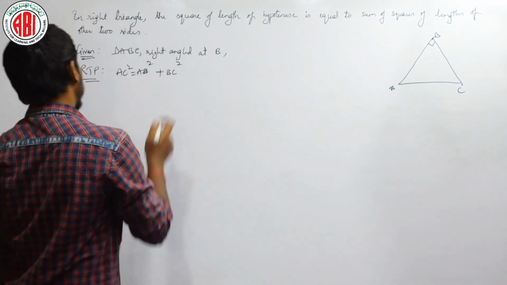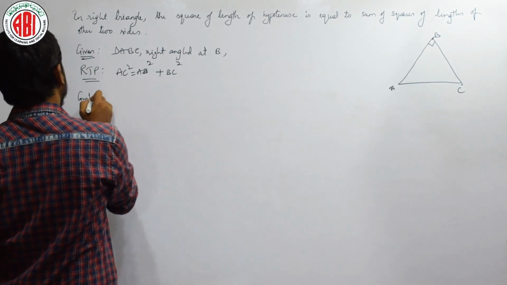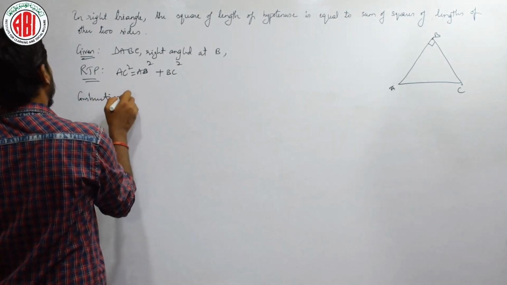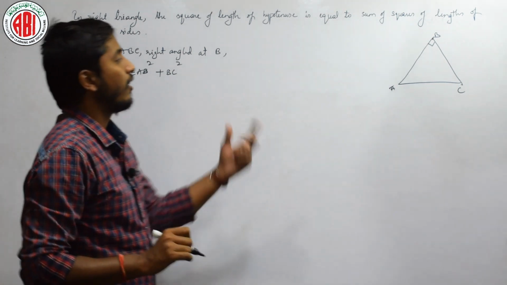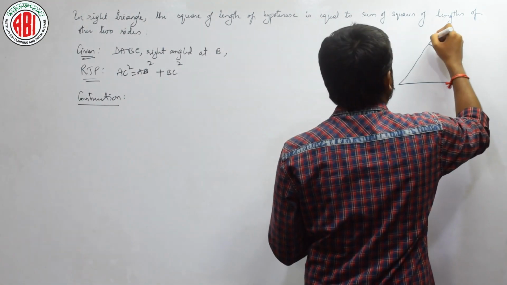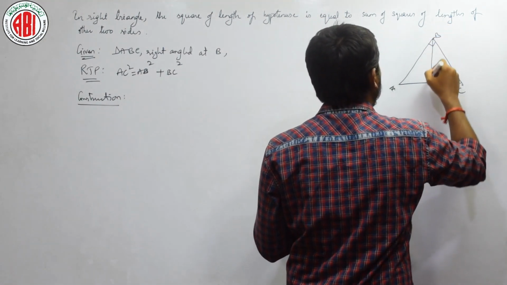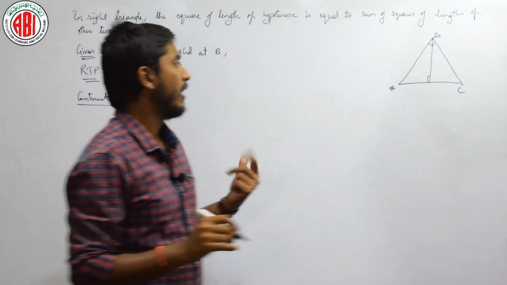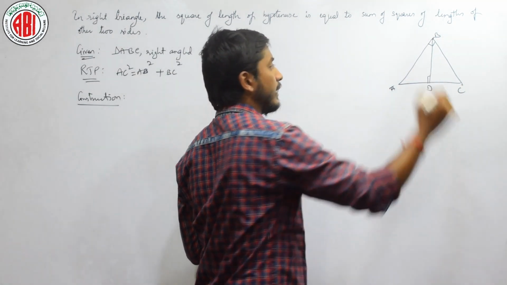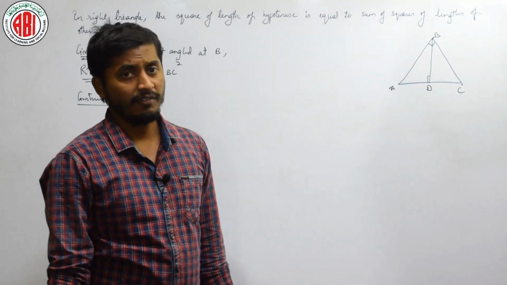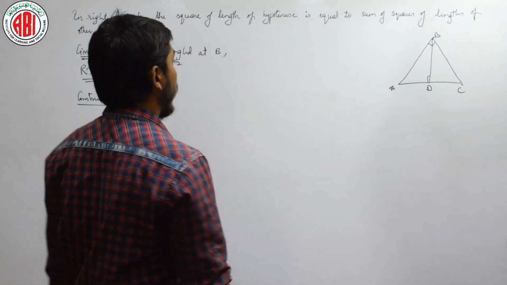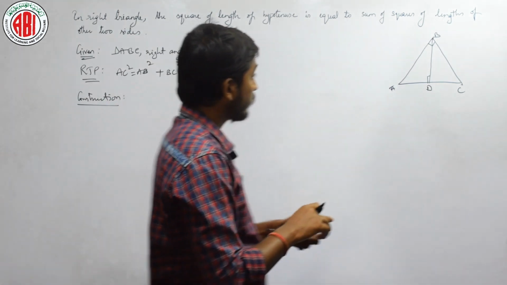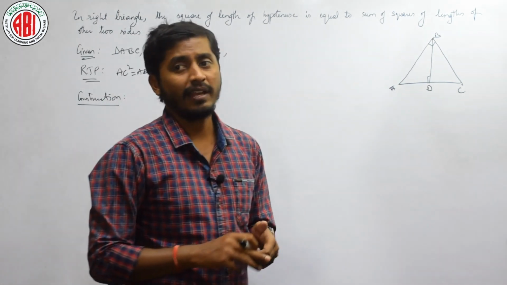Now shall we start? Let us do a construction. Let us draw one perpendicular line and call its foot D. Now, what is RHS similarity?